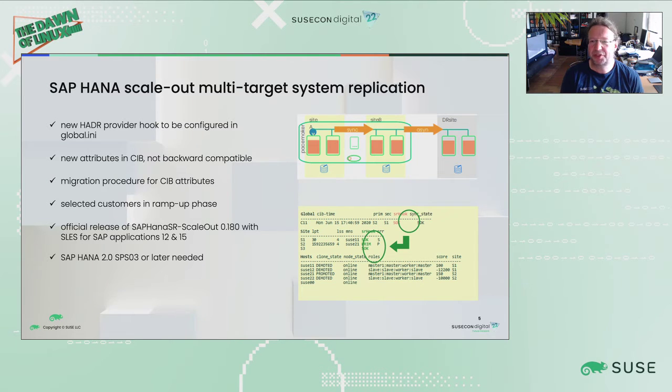So the support for pacemaker in a scale-out system was actually limited to 2 nodes. And we got a couple of customer requests where the customers were deploying more than 2 nodes of HANA scale-out systems. In the specific case that I was referring to before, we saw 4 nodes.